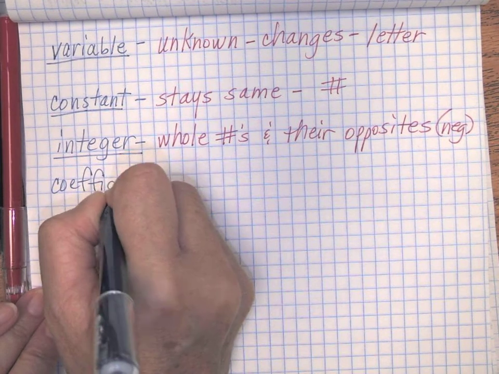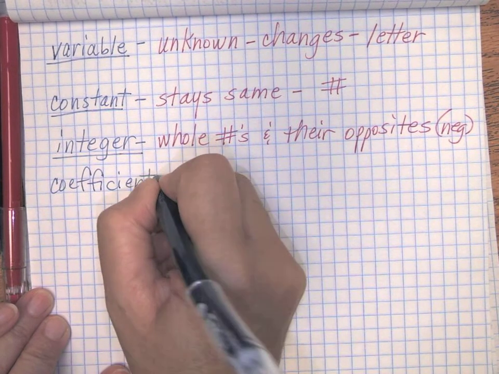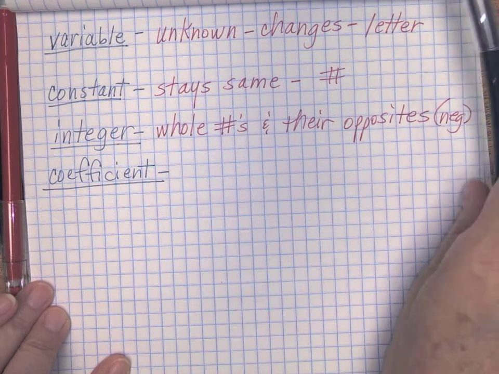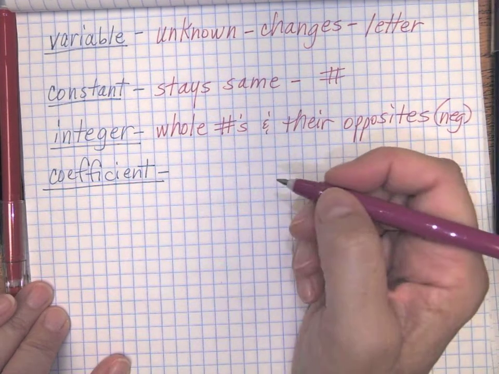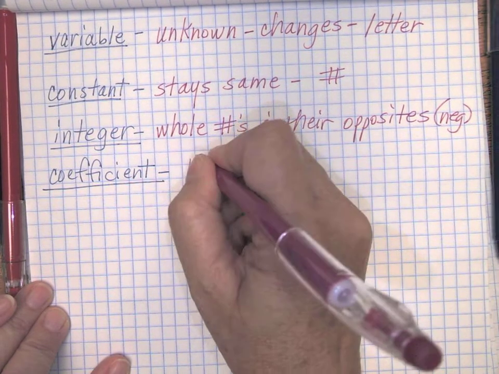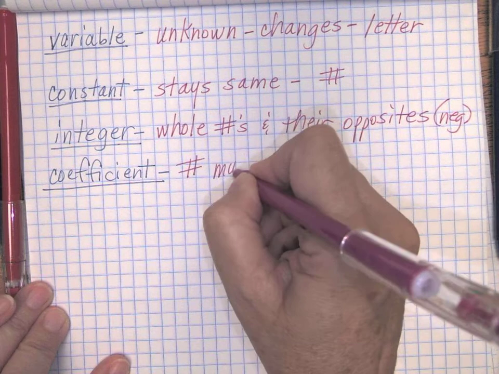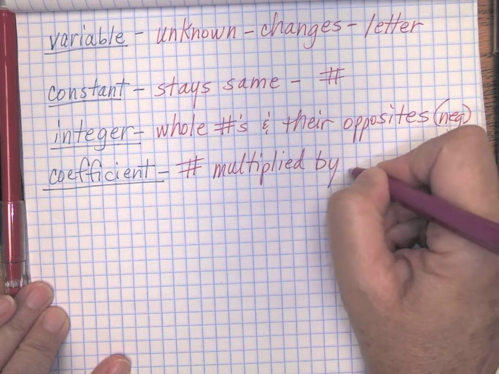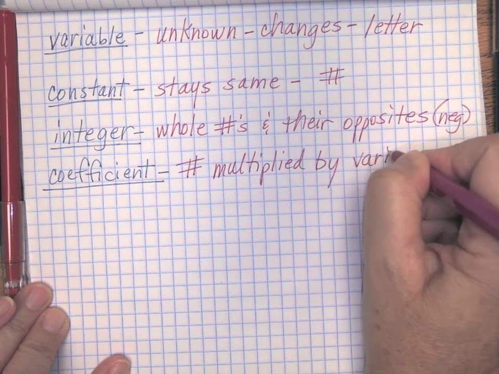Then we really need to know what the term coefficient is. Coefficient is a word we use a lot that students will forget what it means. Coefficient is the number, it's a number, so it's a constant, multiplied by the variable.